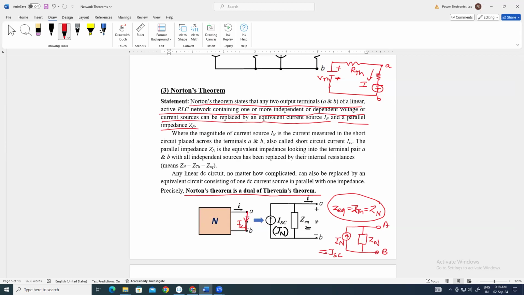Okay, so this is the Norton equivalent circuit, where a short circuit current source is kept in parallel with Zn. Okay, and this is the equivalent circuit of Norton's theorem.